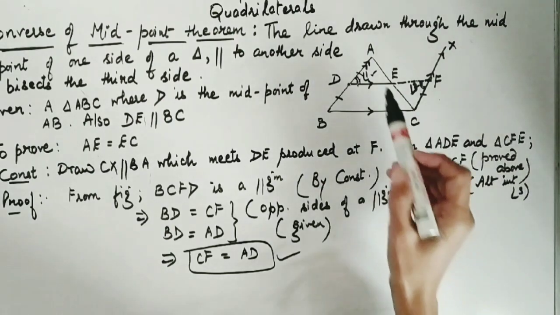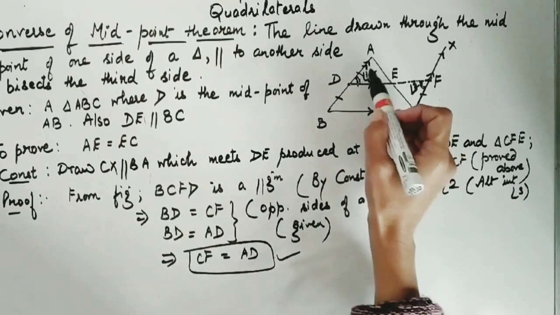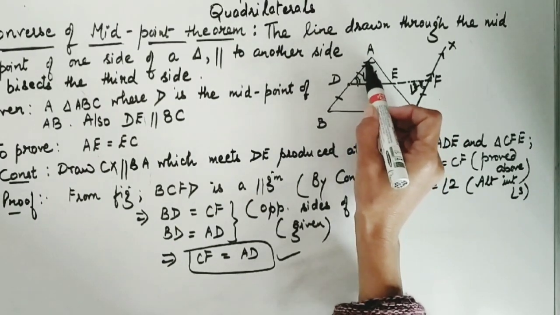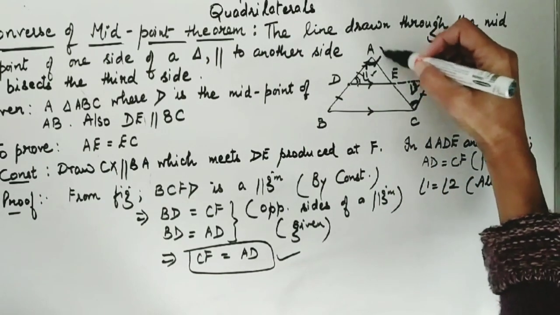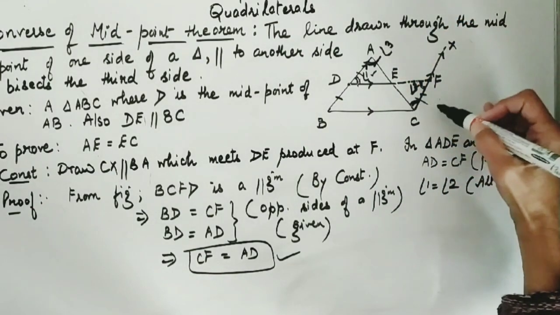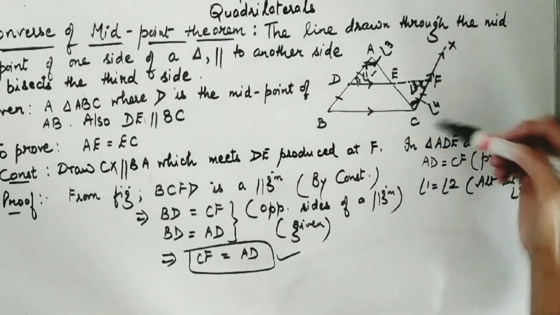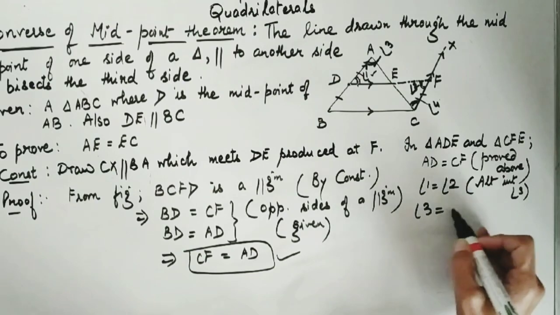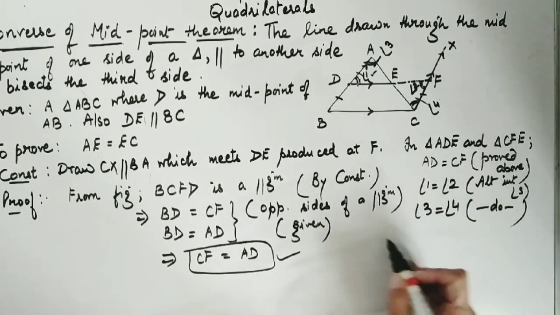And then, we have got one angle and one side. Can we say the angle over here is also equal? These two, angle 3 and angle 4. Which pair is it? Two parallels intersected by a transversal. This is again a pair of alternate interior angles.